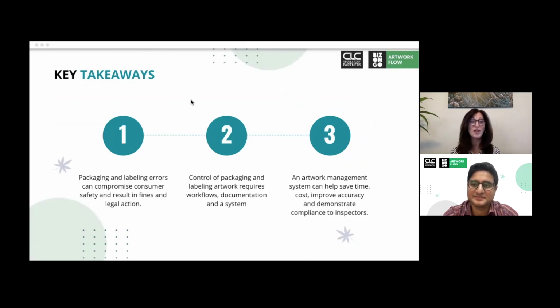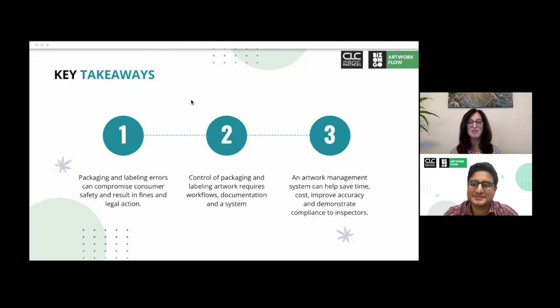They could be very costly. They bring a lot of risk. So any cannabis product manufacturer really needs to know that control of packaging and labeling is going to require certain tools and workflows and documentation that make it all better.